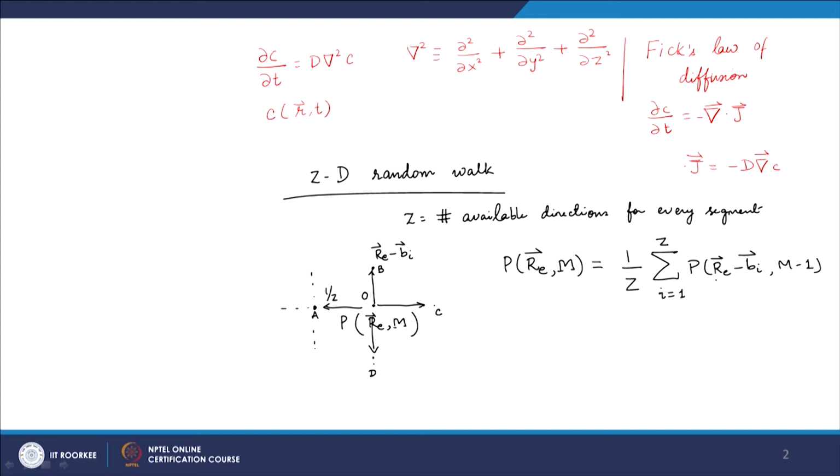Okay. So now if I look at this particular quantity here, and assume that the bond vector is much smaller than R e and m is much higher than 1, we can Taylor expand the probability that you see here.